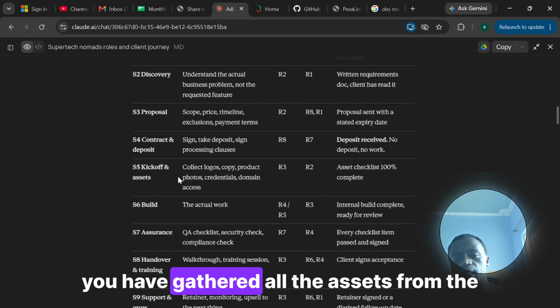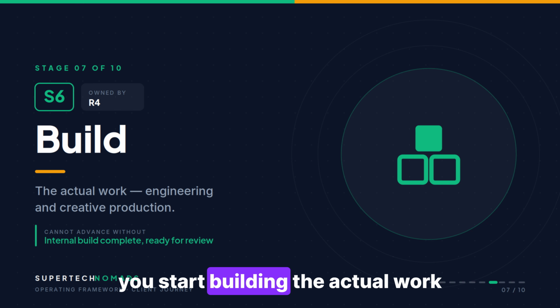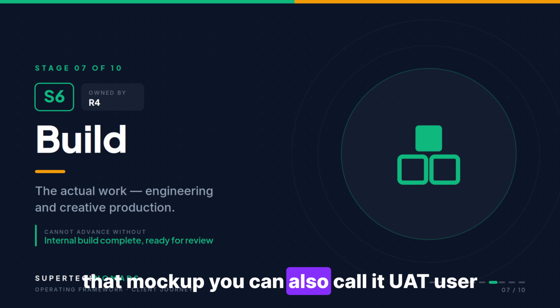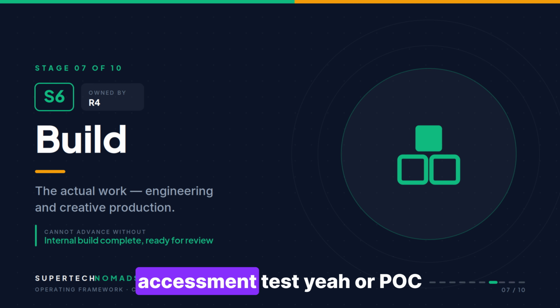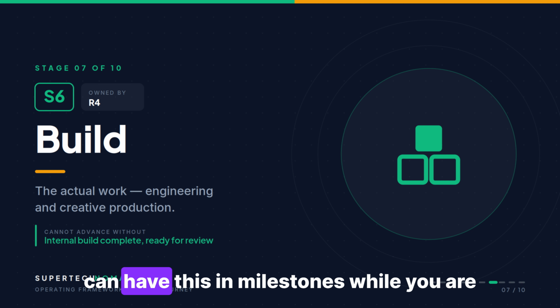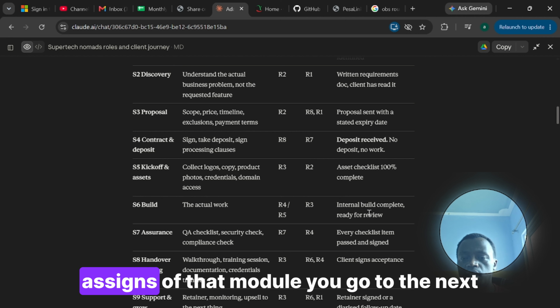So you have gathered all the assets from the client, and you start building the actual work. This is the mockup, you can also call it UAT, user acceptance test, or POC, proof of concept. Then building, so you can do this in milestones while you are building. Maybe after one module the client signs off on that module, and you go to the next module.